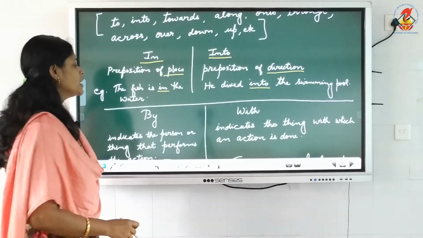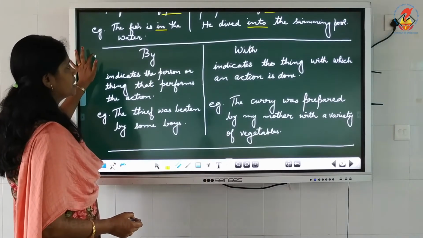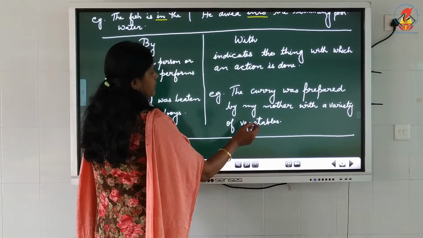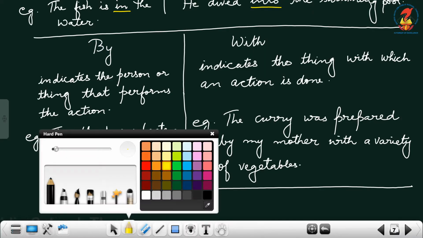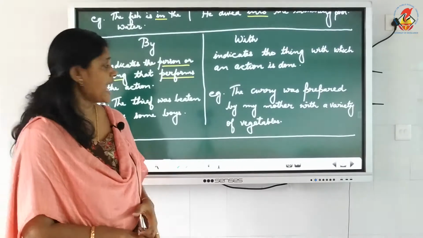Okay? The next ones are the words by and with. Now, the word by indicates the person or thing that performs the action, who is doing the action.